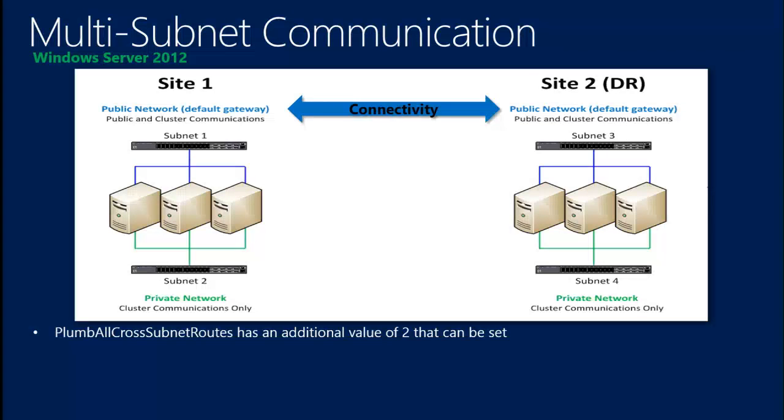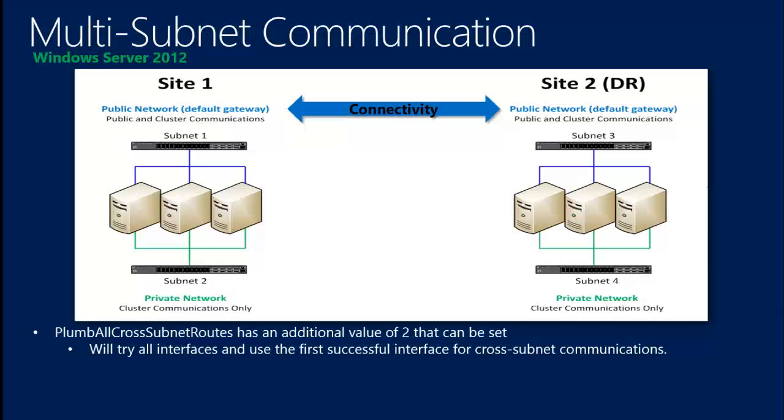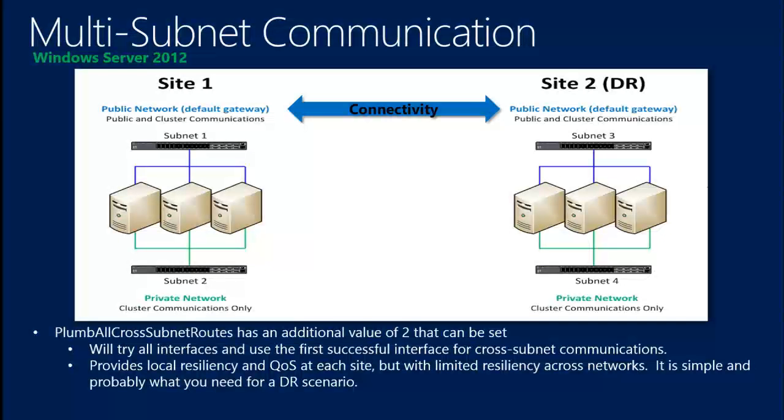So if we only have one path between sites, like we do here, between the public networks, it'll attempt communication on all of them, but as soon as it finds a valid path between sites, it will no longer attempt the others. You won't have the logs. You won't have the failures that are going to cause a threshold and possibly a failover. It'll just seamlessly work from that point on. So that does provide the local resiliency and quality of service at each site. It's simple, and it's probably what you need for a DR solution.